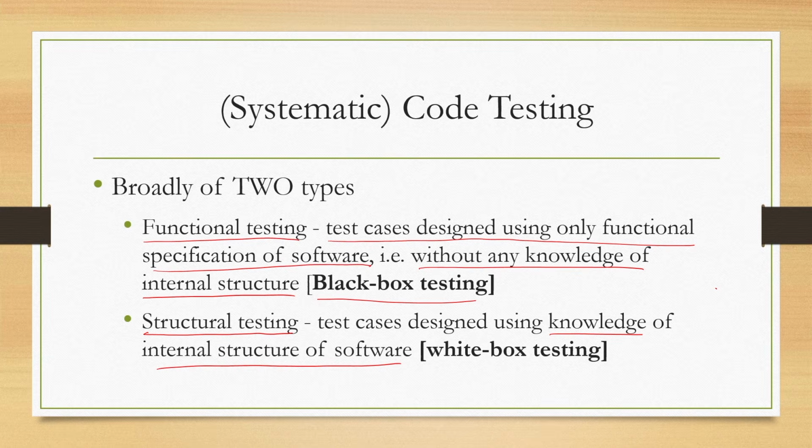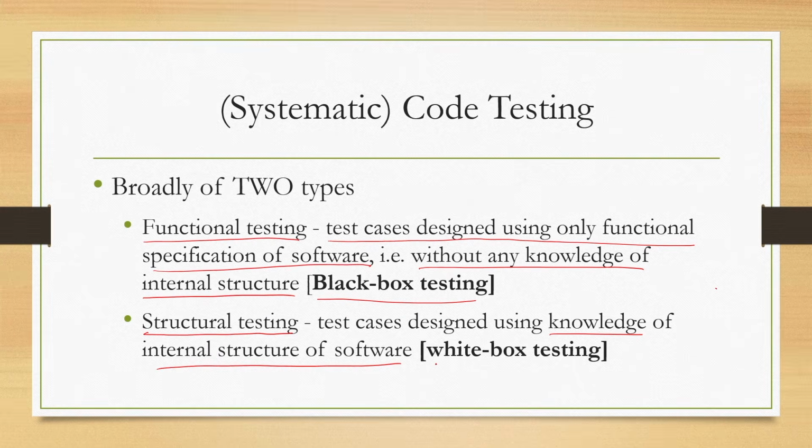Unlike in case of functional testing or black box testing, here we are concerned about the internal structure, that means the body of the functions and the body of the code, and based on that knowledge we design the test cases. One example is white box testing, which is a kind of structural testing.